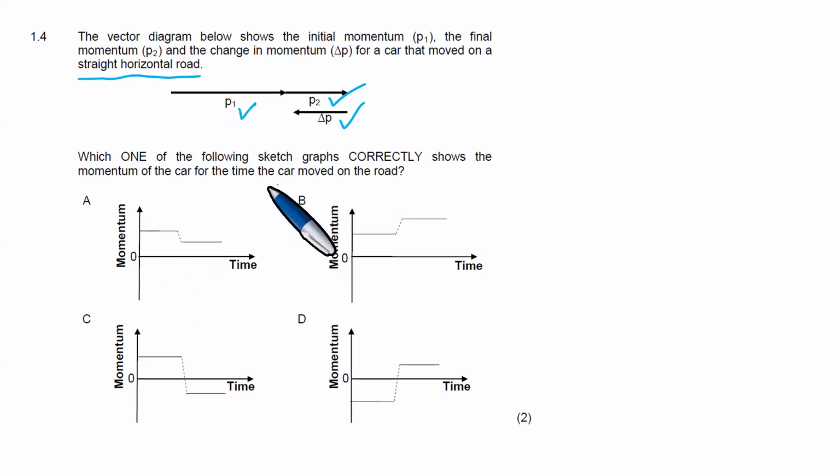Which one of the following sketch graphs correctly shows the momentum of the car for the time the car moved on the road?